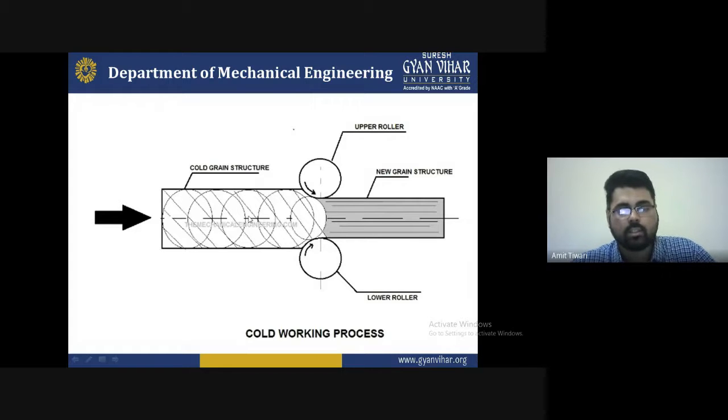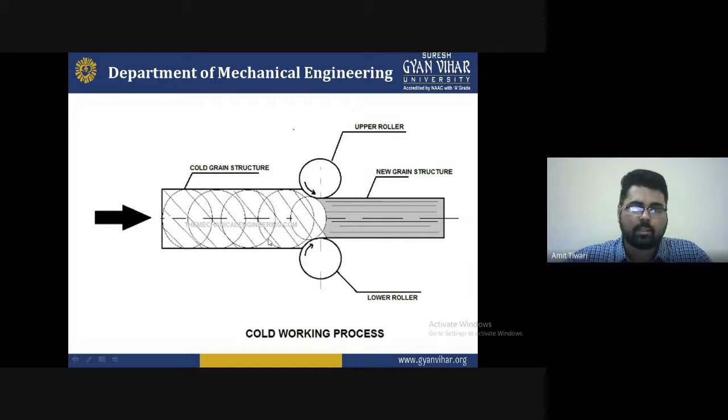These are the old, existing grains. After some time the new grain structure is formed, and it shows the metal regains its shape and the quality of the workpiece increases with the help of the cold working process.